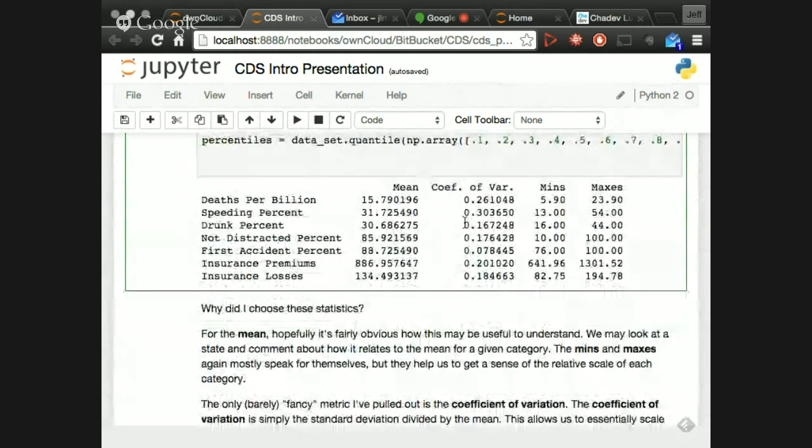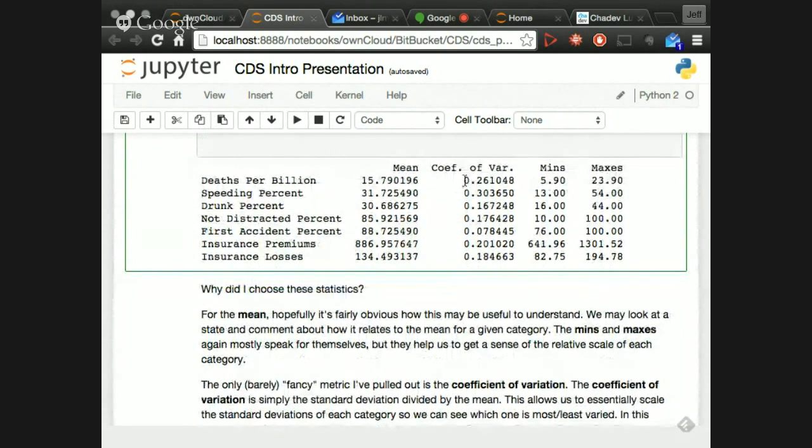And so it allows us to look at all of these together here and see which ones are more spread out compared to the others. The higher the number, the more spread out it is. So it looks like speeding percent varies widely among the states. Insurance premiums or deaths per billion is the next highest, and then insurance premiums.